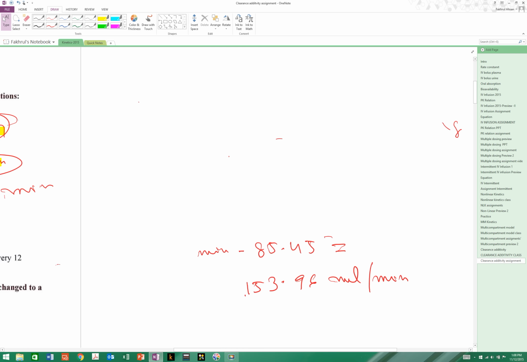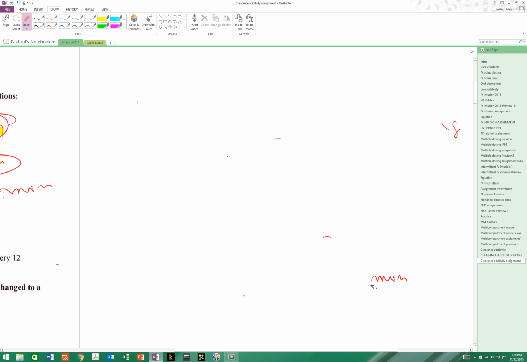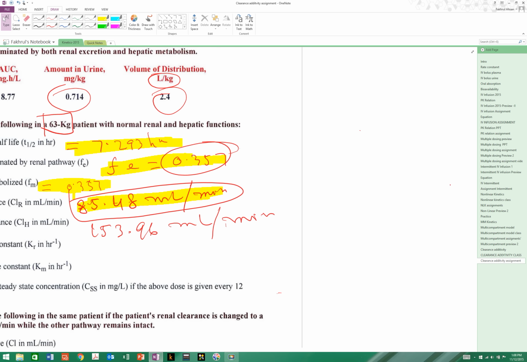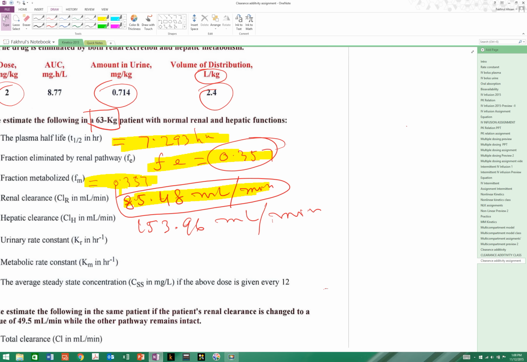If you remember, we calculated K previously to calculate half-life. You use this equation to calculate Kr. Kr is equal to K times Fe, the fraction eliminated in the urine.